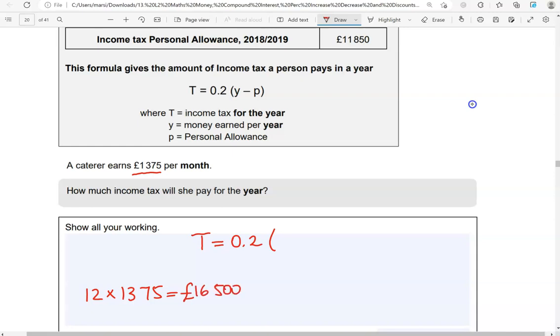So I'm going to plug in 16,500 here, minus P, which is personal allowance, and that is 11,850 for that particular year.